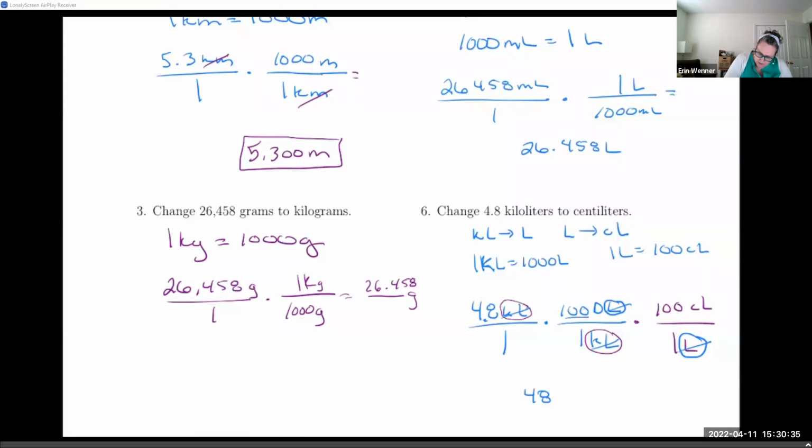So I've got 3 zeros here and 2 zeros here, which means my answer needs to have 5 zeros in it, giving me, oh, not 5, excuse me. It only has 4 because we need to use one of them to get around. There we go. So we have 480,000 centiliters as our answer.